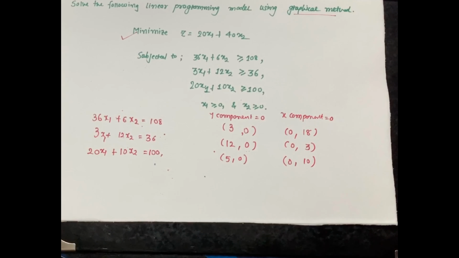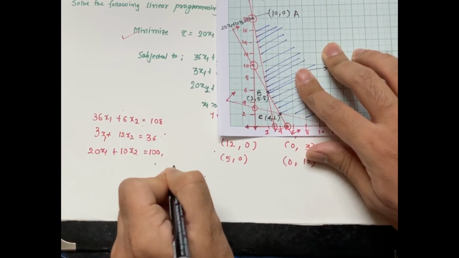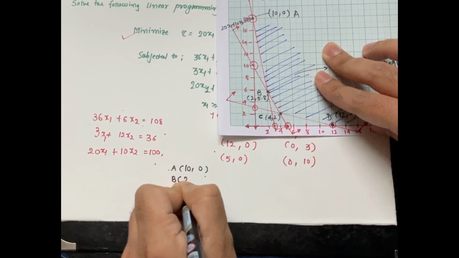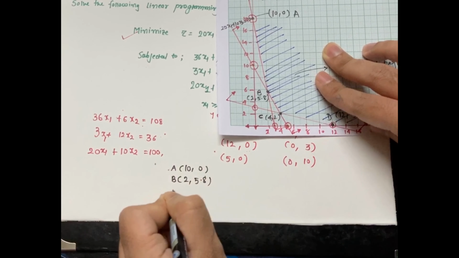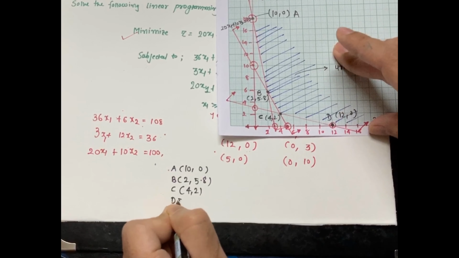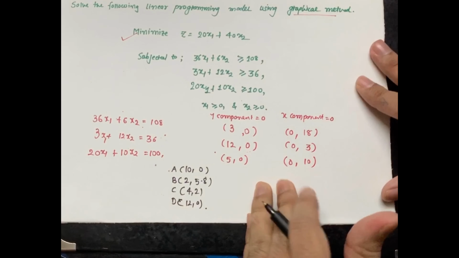What are their values? A has 10, 0, B is 2, 5.8, C is 4, 2, and D is 12, 0.